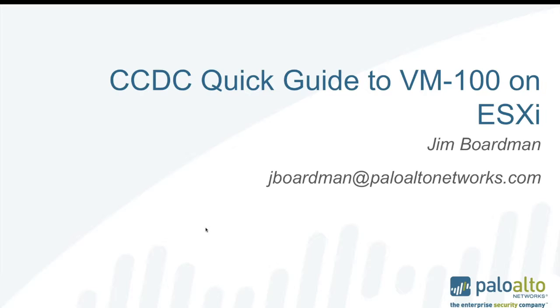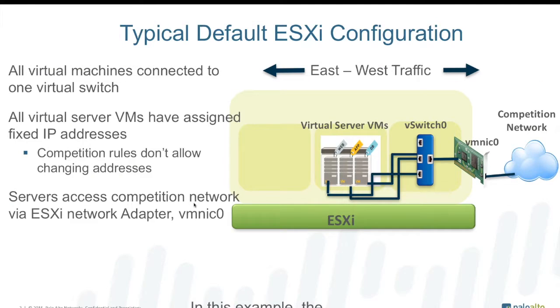So before we move on, let's do a quick review of where we are. Many of you, when you enter your competition area, may be faced with this situation, and we've discussed this before. I have my virtual servers that are running on an ESXi host.